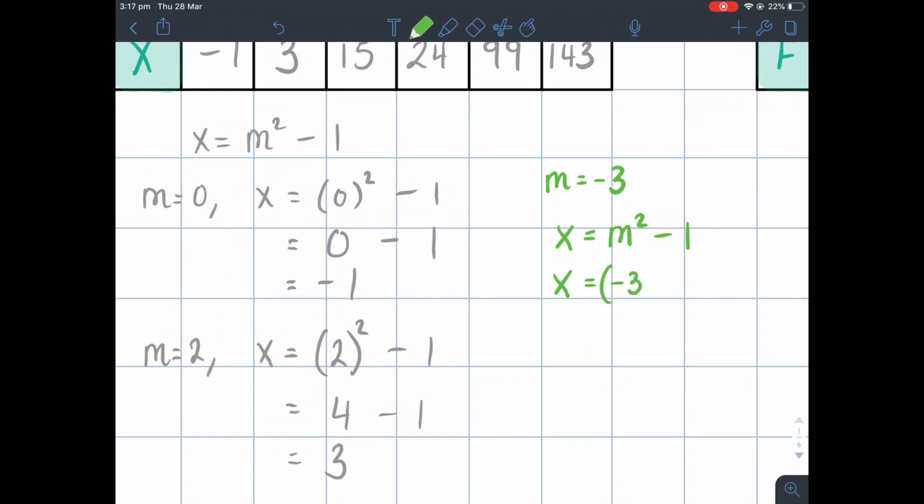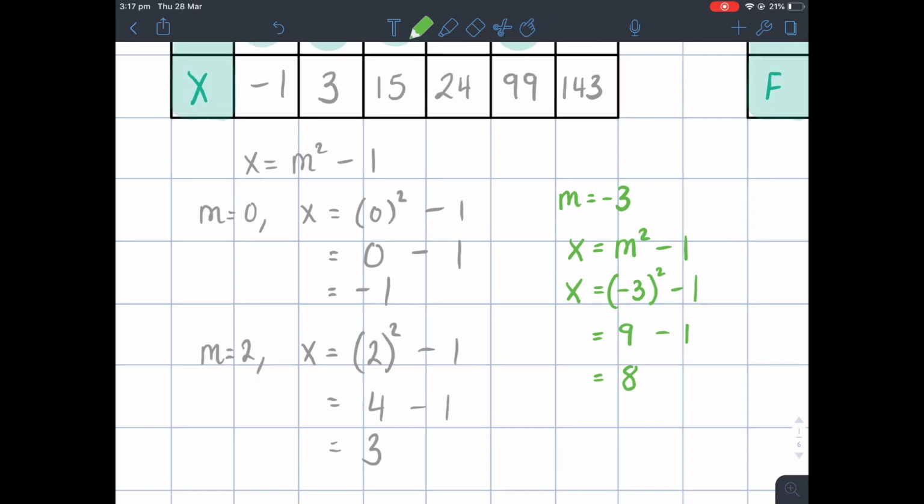So we put the minus 3 in a bracket squared minus 1, and then we can see that it's minus 3 squared. So minus 3 times minus 3, negative times a negative is a positive. So we end up with 9 minus 1, and 9 minus 1 is 8. So it's important that, because if we have to deal with some negative numbers later on, then we need to make sure we're using brackets. So we're effectively calculating any values that involve negative numbers.